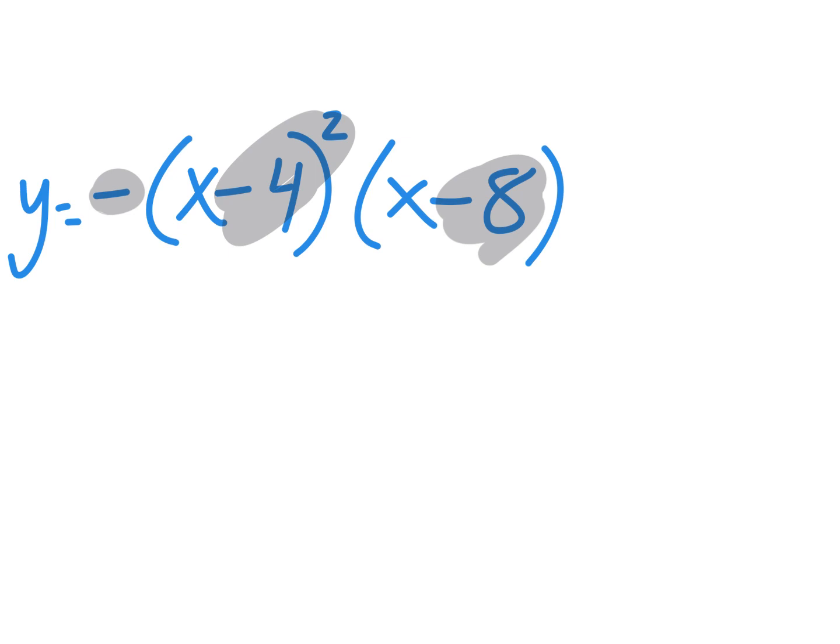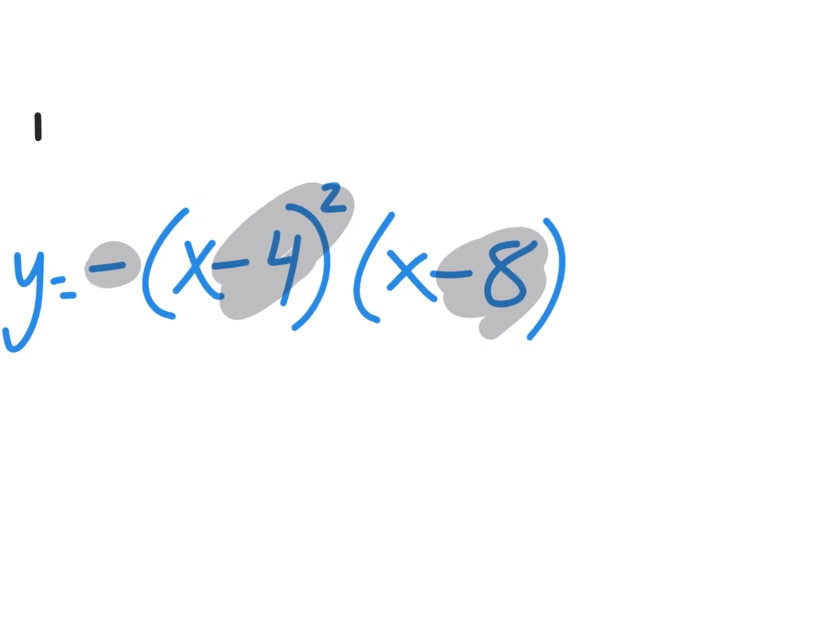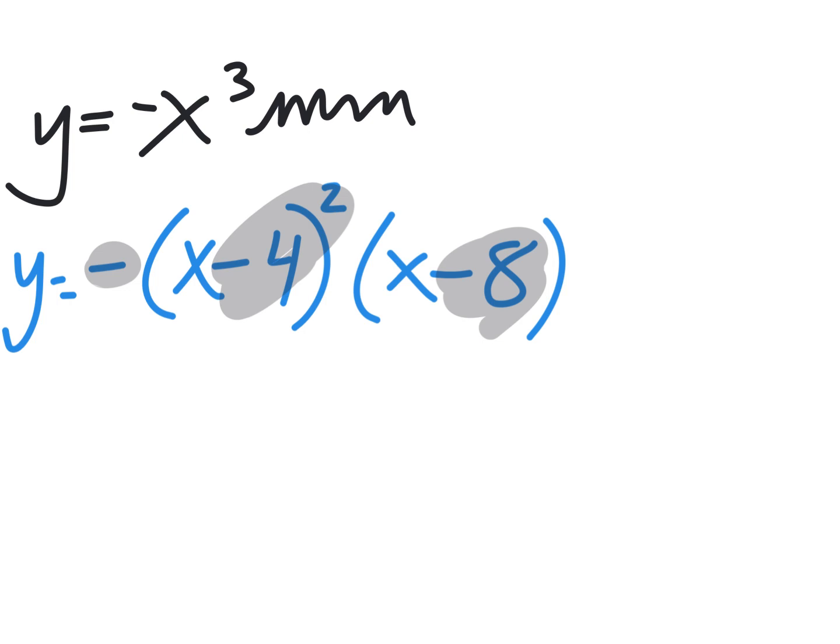Remember how I said the beginning of the story and the end of the story is what's important? The beginning of the story is it's negative x to the third. I think most of you could have figured that out. But the end of the story, I hear a calculator popping open. I totally get it. You probably aren't doing 4 squared because that's 16. You're probably not even worried about the negative because that's negative 16. But negative 16 times negative 8 makes positive, I don't know either.